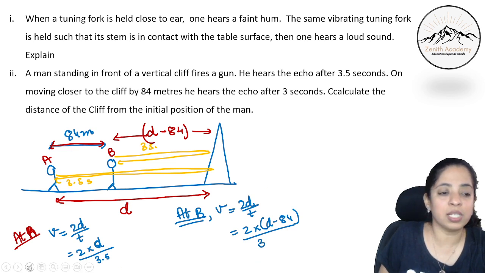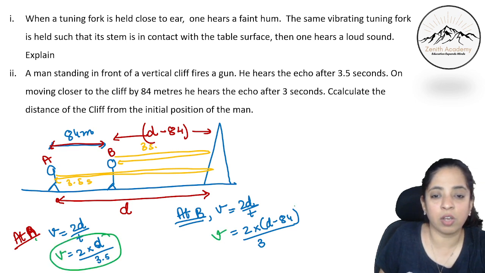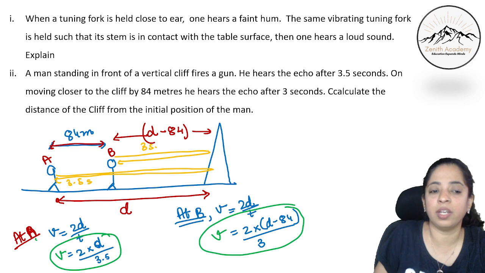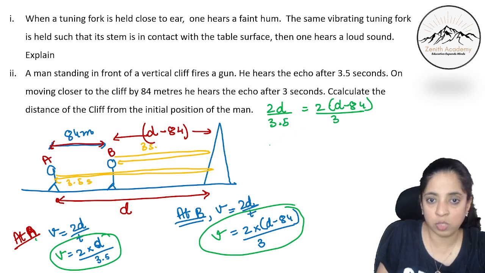But you have to understand that at both the positions, this is also velocity. This is also velocity. So we can equate them. So 2D upon 3.5 is equal to 2 into (D minus 84) upon 3. So you solve this and cross multiply.